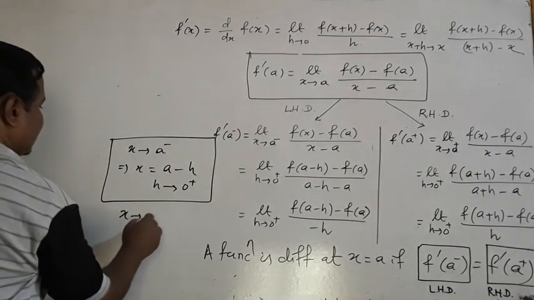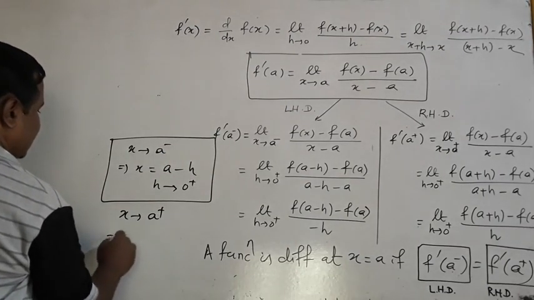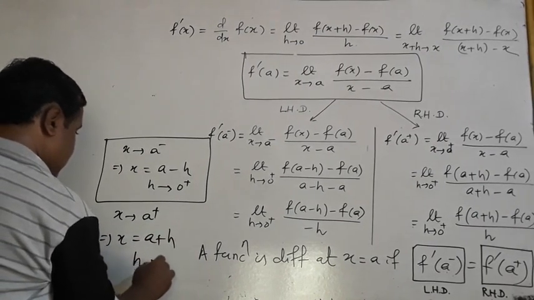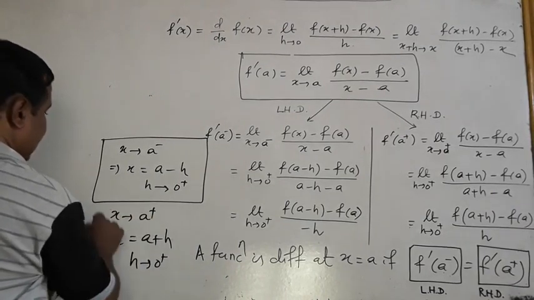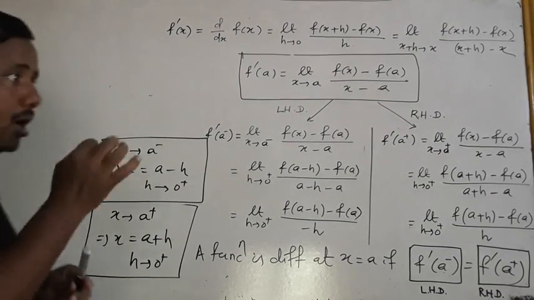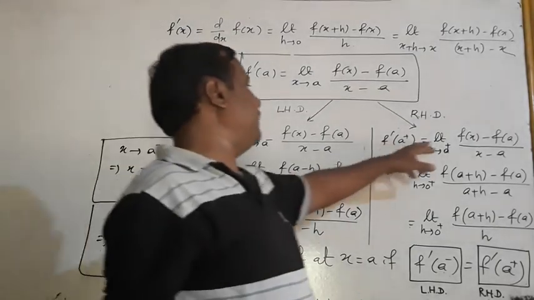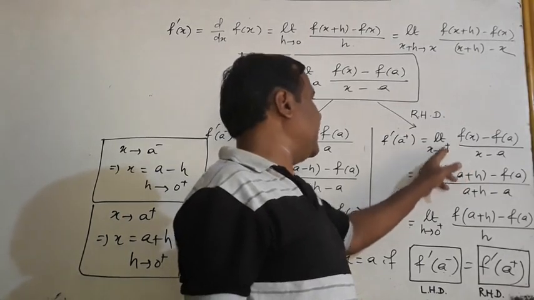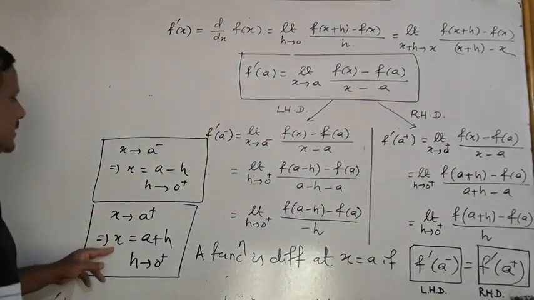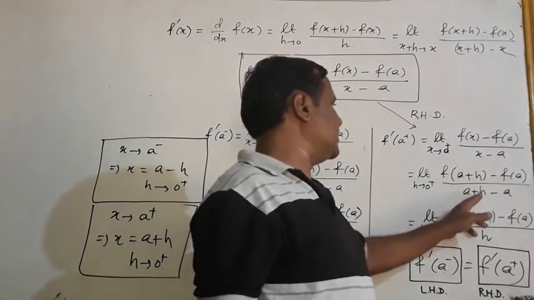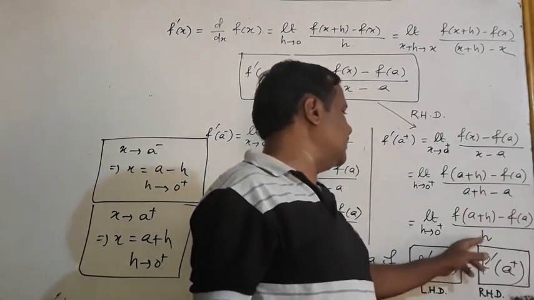Now for x tends to a plus, x is equal to a plus h, and h must be positive. In both cases, h is positive. Mind it, h cannot be negative. h is a small positive quantity. So here f(x) minus f(a) by x minus a, x tends to a plus. I am writing x is equal to a plus h, and a plus h minus a, cancelling, becomes h.